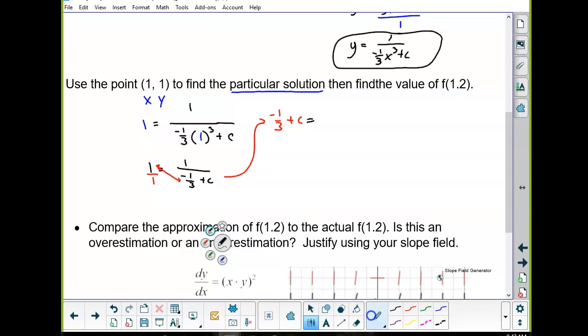When I cross multiply, I get negative 1/3 plus C equals, cross multiply the other way, 1 times 1. And I'm not really thinking of this as 1, I'm thinking of it as 3 over 3, because I know I'm going to add 1/3 over to the other side, so then that will be C equals 4/3.